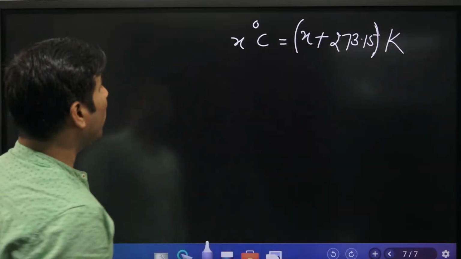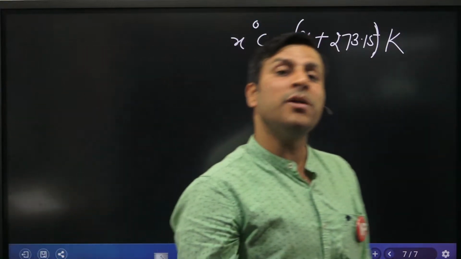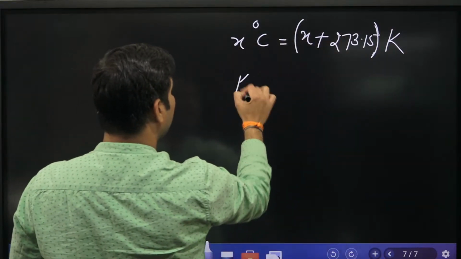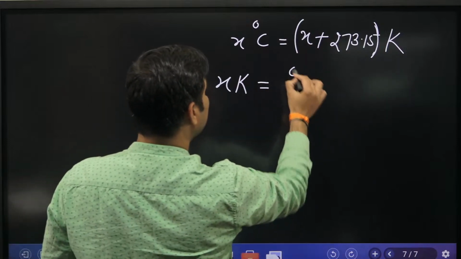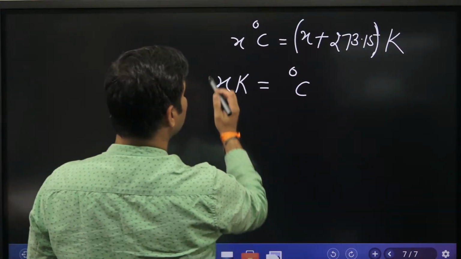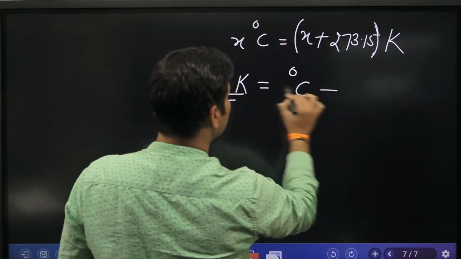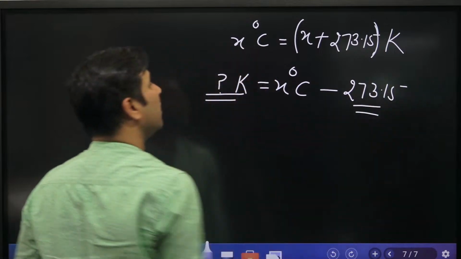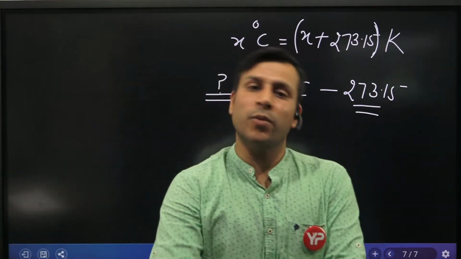And if you want the temperature in degree Celsius from Kelvin, just subtract 273.15. So for Kelvin or degree Celsius no such conversion is required, directly you can do it.